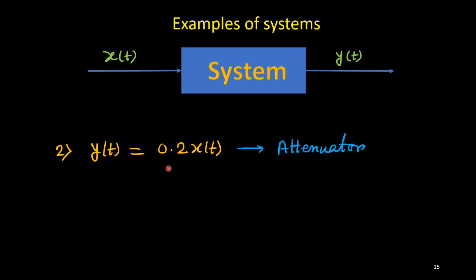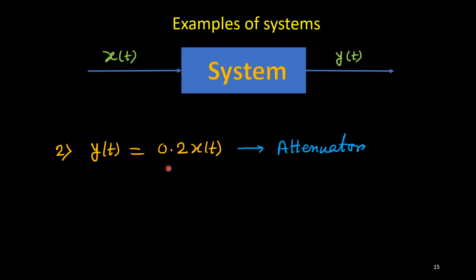Sometimes we do this intentionally to reduce the strength of the signal. Suppose the incoming signal is huge, but it is too strong to feed to your devices, so you need to reduce it first.